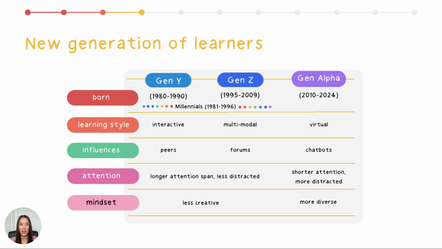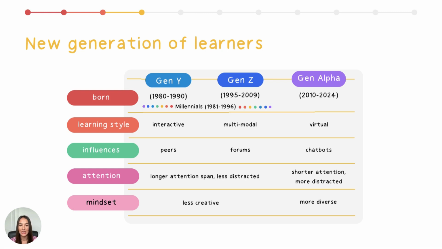Where we had Gen Y and Gen Z before, which were categorized as millennials, we now have Gen Alpha, who are just starting their high school years in typically year 7 and 8. While millennials have a learning style which is typically more interactive and multimodal, Gen Alpha are more virtual. While millennials are more influenced by peers and forums, Gen Alpha rely on things like chatbots.